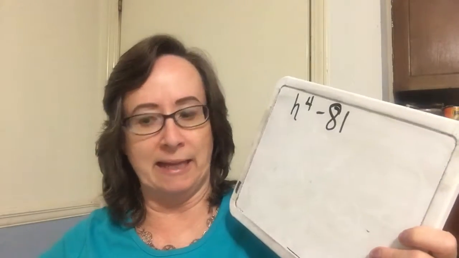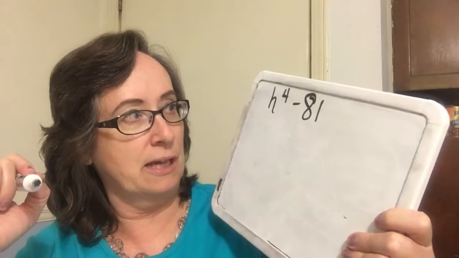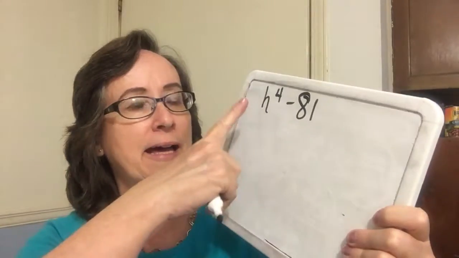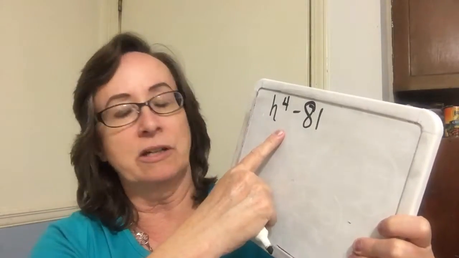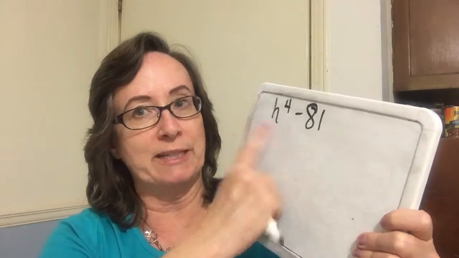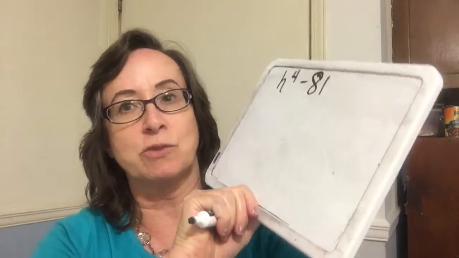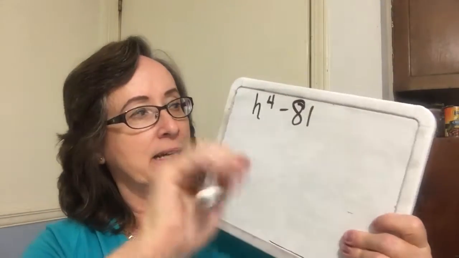All right, so now we're going to do another of our difference of two squares. And this one is one with a special watch out, because anytime we have a power that is higher than 2, we need to watch for possible factors within our factors, or things that should be factored again.